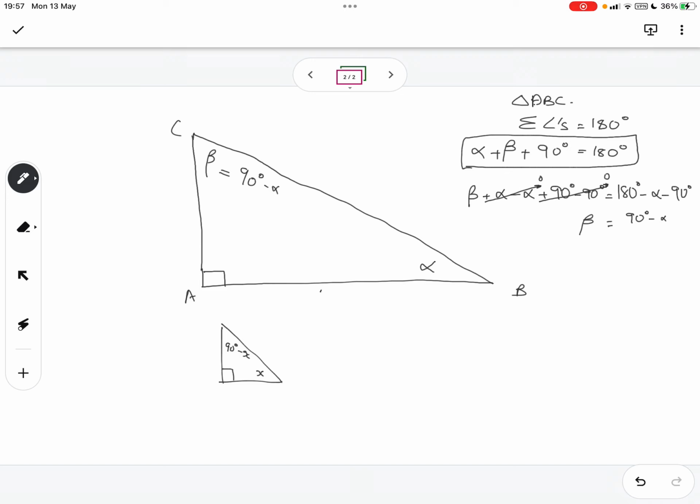When we're talking about the angle alpha, length AB is the adjacent. But we could also express alpha in terms of beta, and it will be 90 degrees minus beta. You can challenge yourself to prove that if you like, but you'll get the same answer. You can quickly do it.